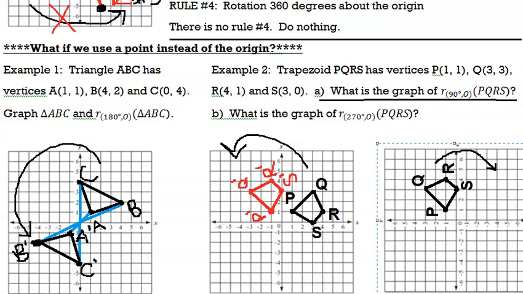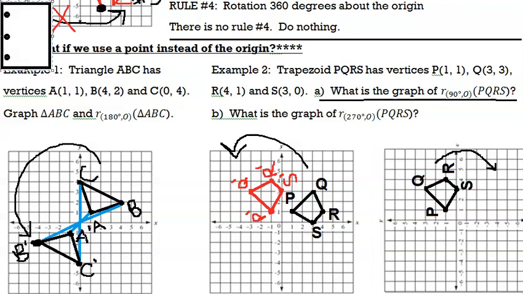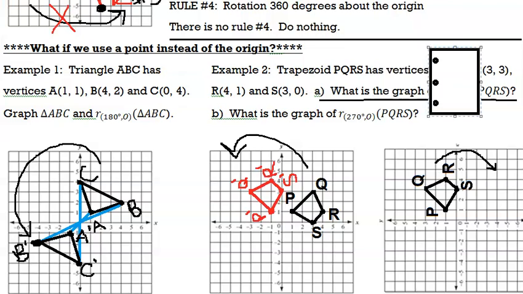So now I want you to have your paper turned to where the hole punches are on the bottom. And then once you're there, I want you to try again.